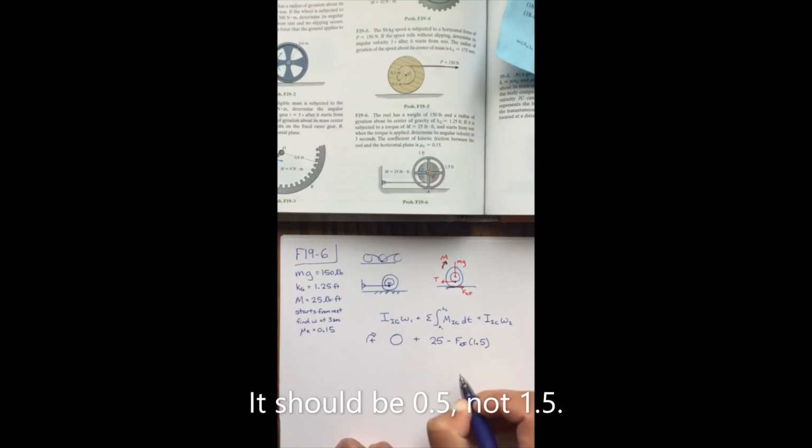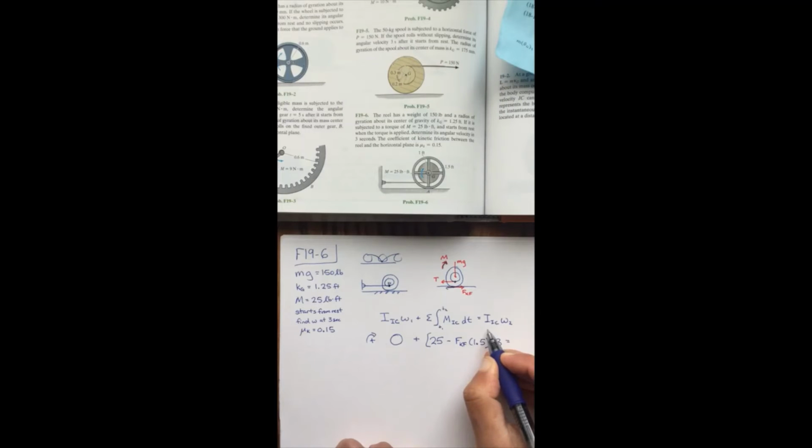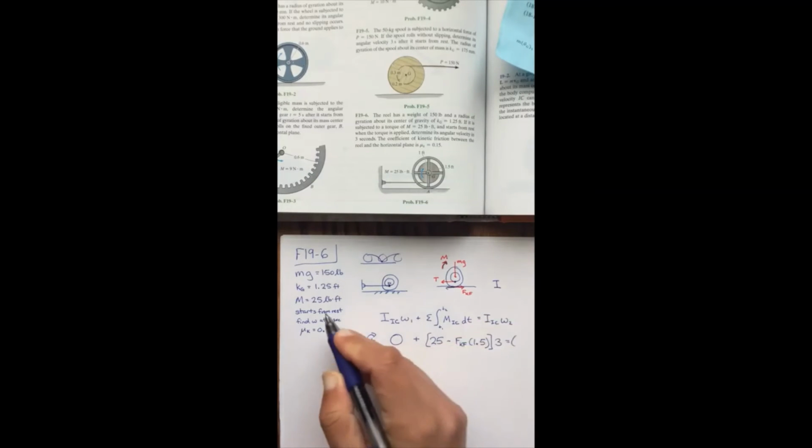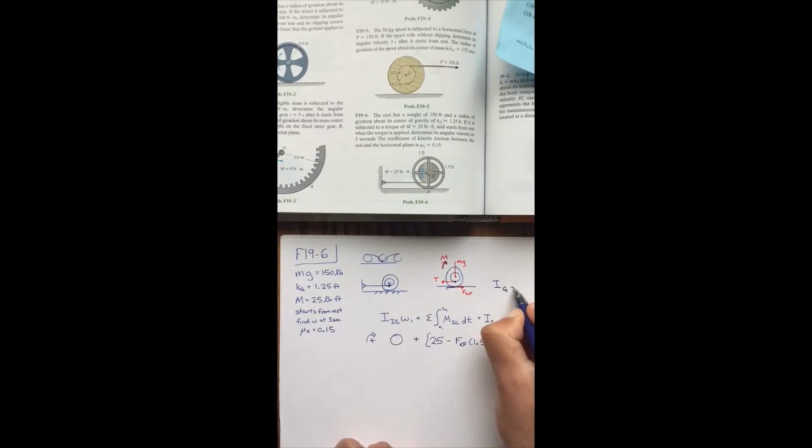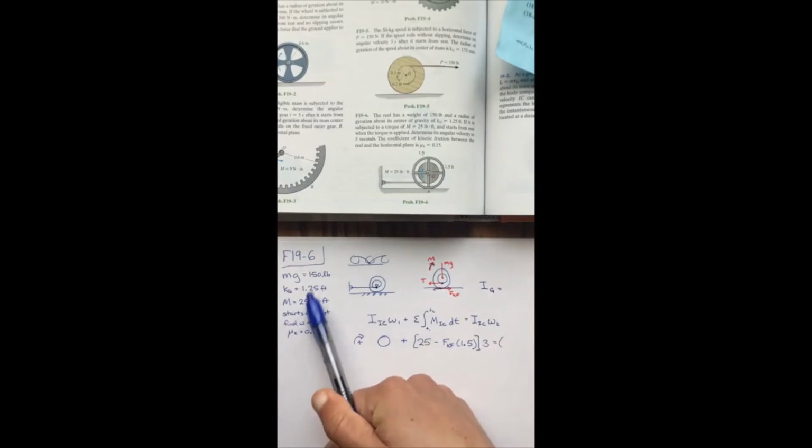That could all come outside the integral because everything there is constant. So when we integrate, we would just get delta t, which is 3. This is equal to the moment of inertia about the instantaneous center times omega. Okay, I know the moment of inertia about the mass center because they give me the radius of gyration here.